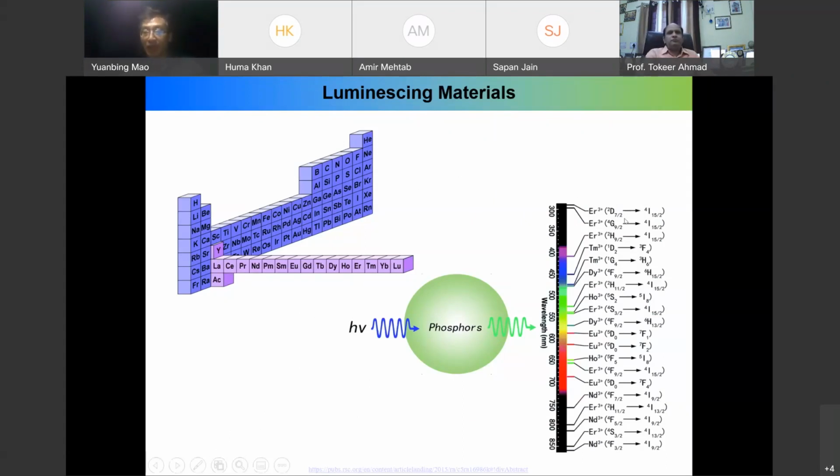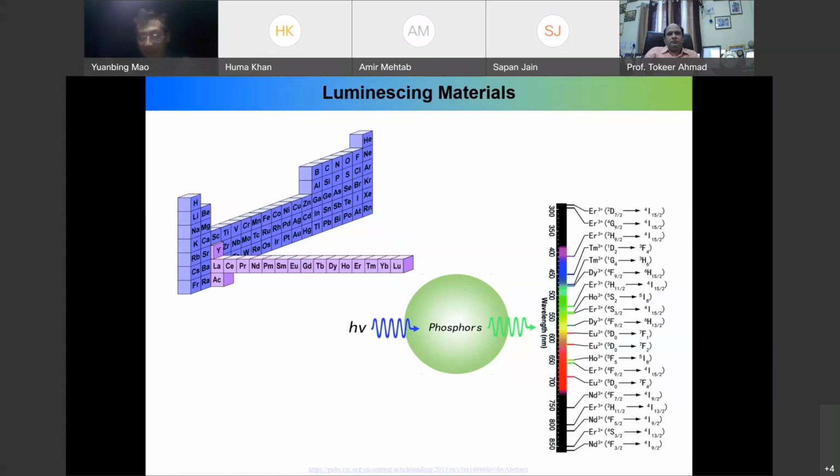For example, here we are showing some of these transitions for these rare earth elements. You can see, from UV to visible light to infrared, and this is actually just part of it. It can go to mid-infrared as well, so that gives a lot of potential for this luminescence.